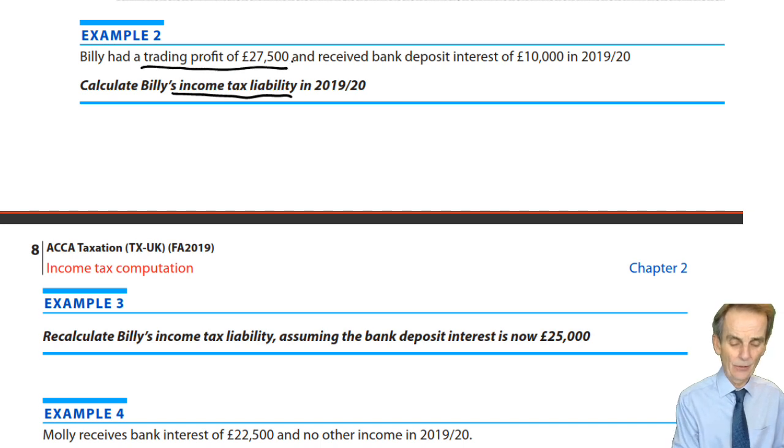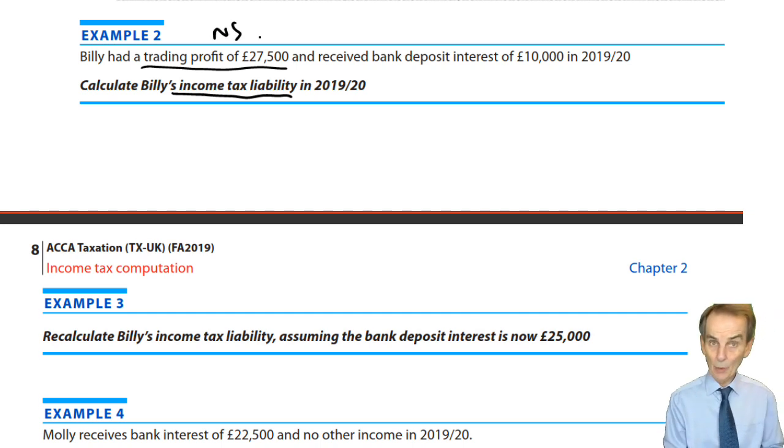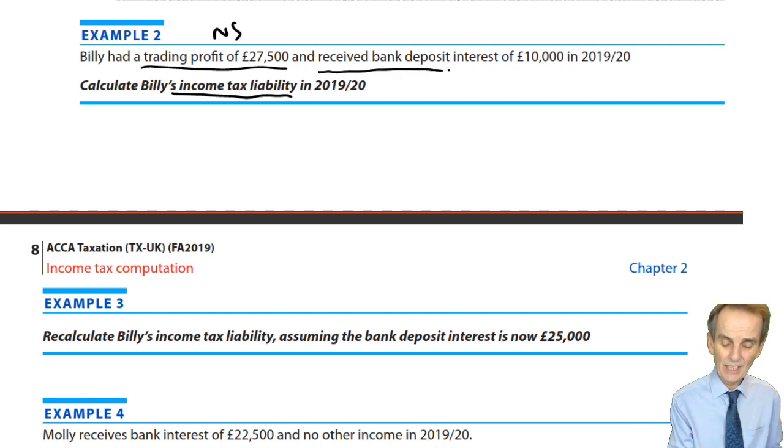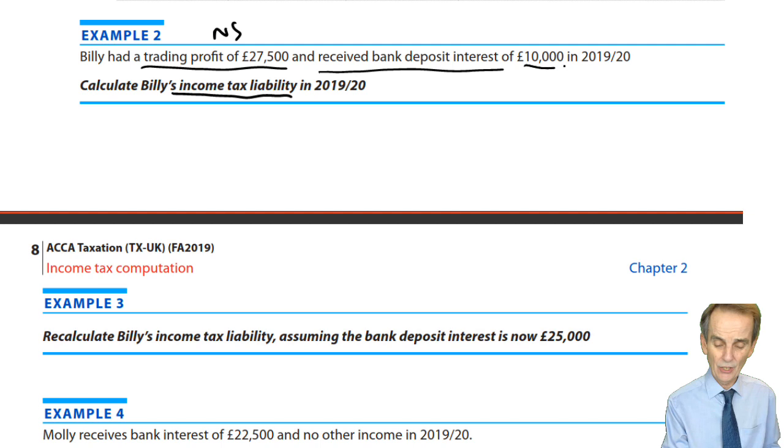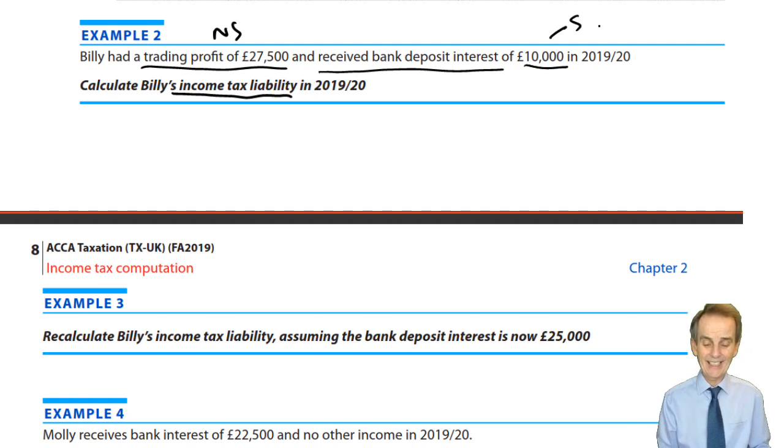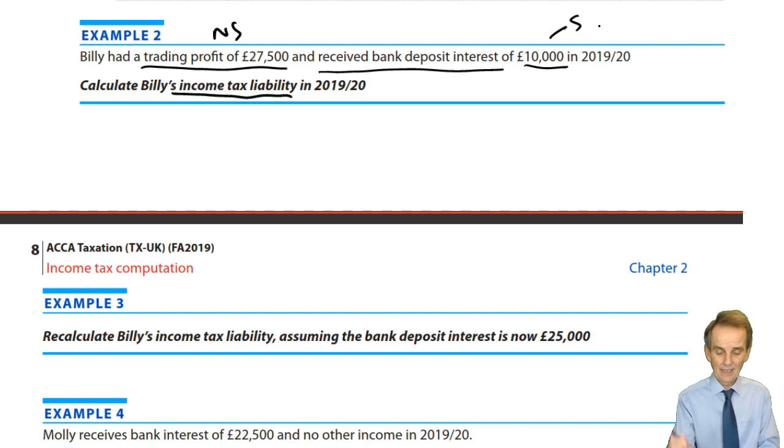Trading profit of 27,500. What type of income is that? That is non-savings. We identify that in our question. And he received bank deposit interest of 10,000. Bank deposit interest, that is savings income. And that is what happened in 2019/20, the tax year for which we now need to compute the income tax liability.